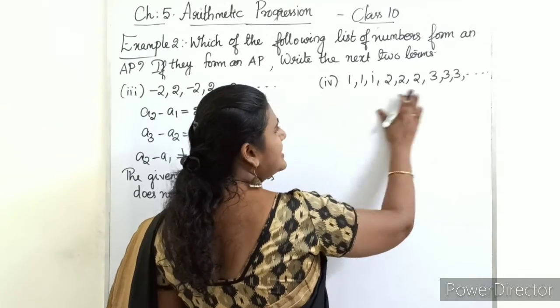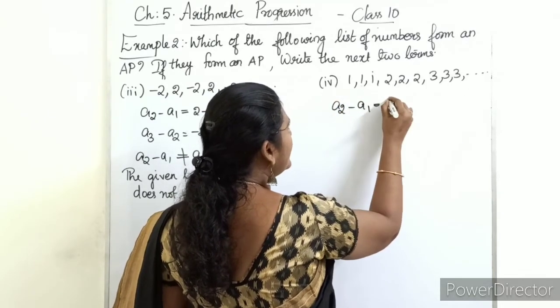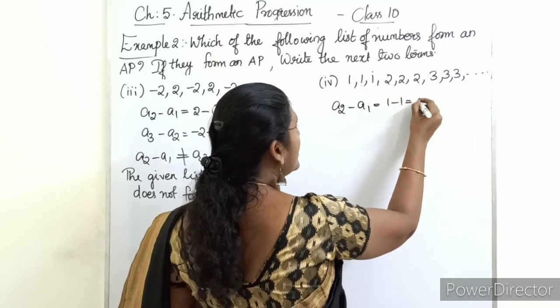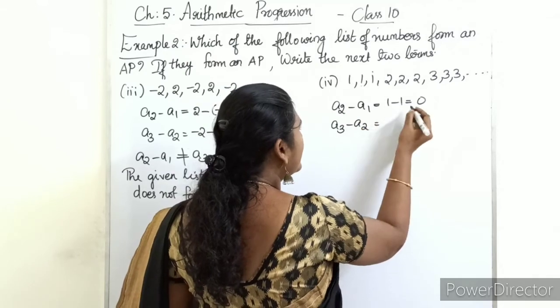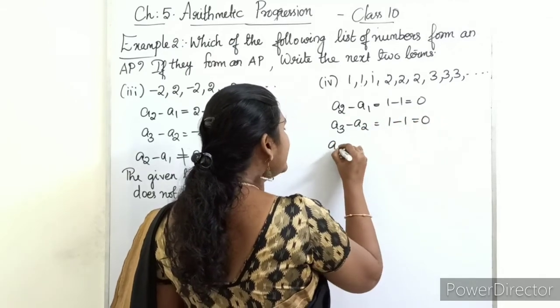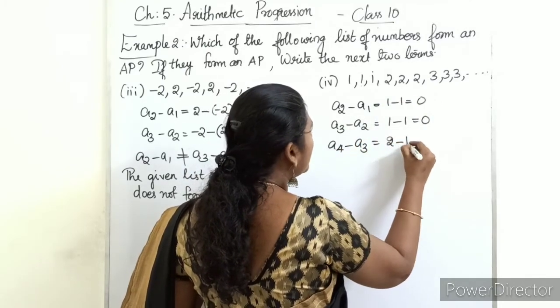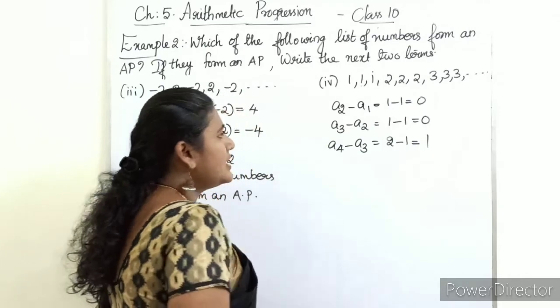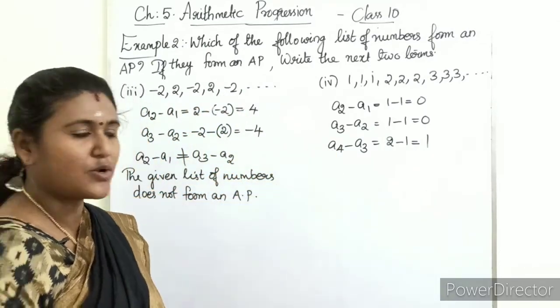So in this question also, A2 minus A1: A2 is 1, 1 minus 1 is equal to 0. Then A3 minus A2 is again 1 minus 1 is equal to 0. What is A4 minus A3? Fourth term is 2. 2 minus 1 is equal to 1. See here the first two differences are same, but the third difference is not equal.